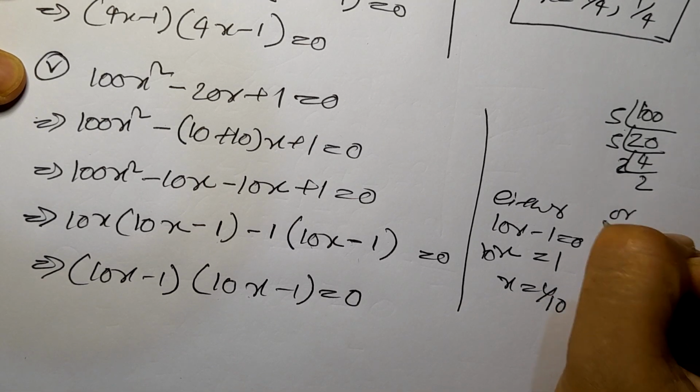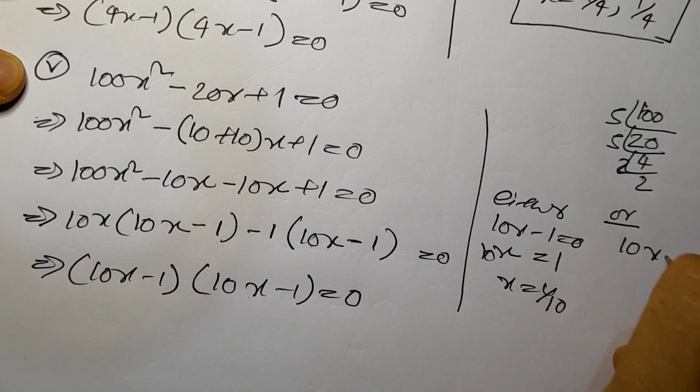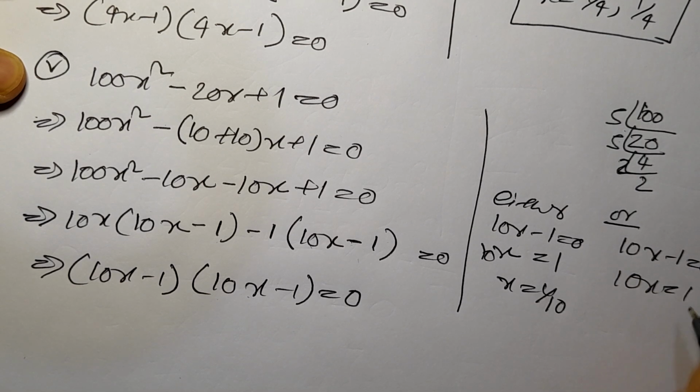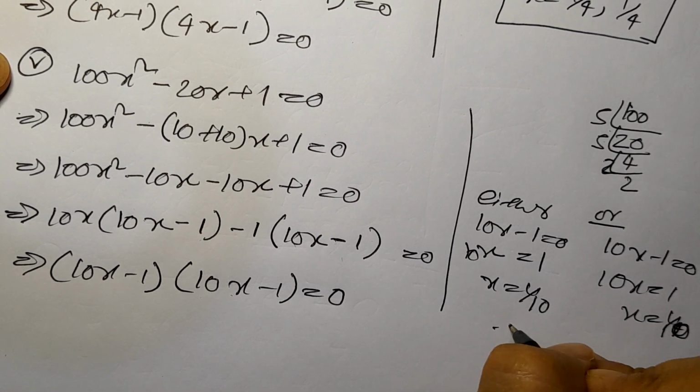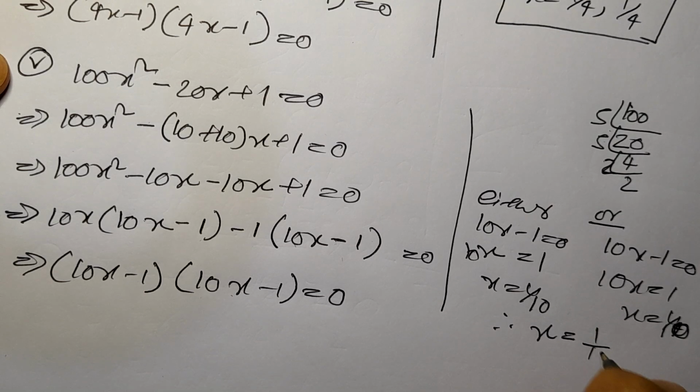Or the same, 10x minus 1 equal to 0, x equal to 1 by 10. Therefore, x is equal to 1 by 10, comma 1 by 10.